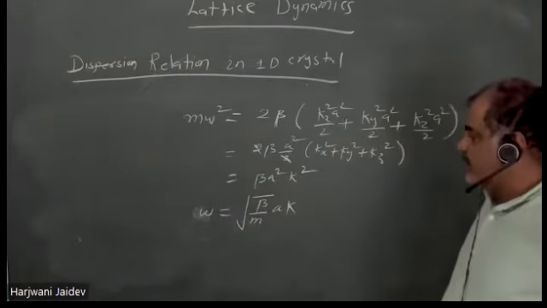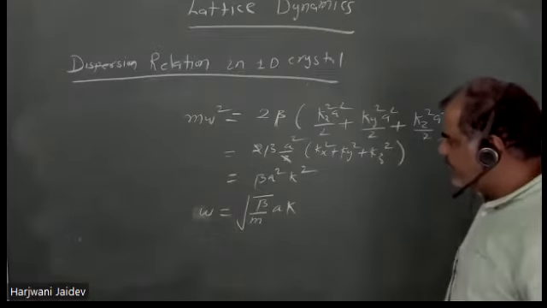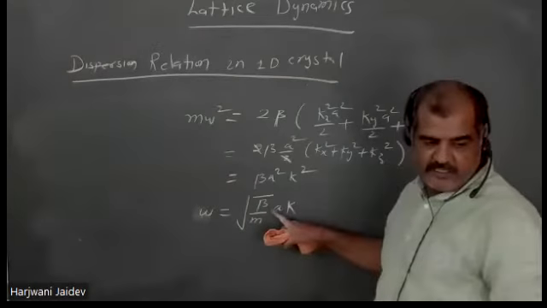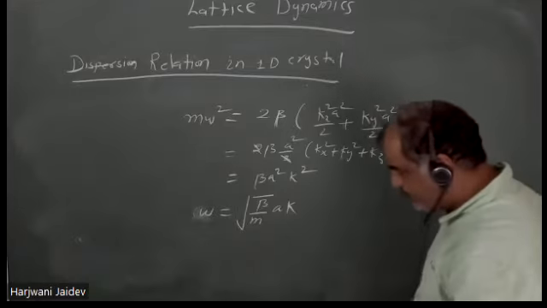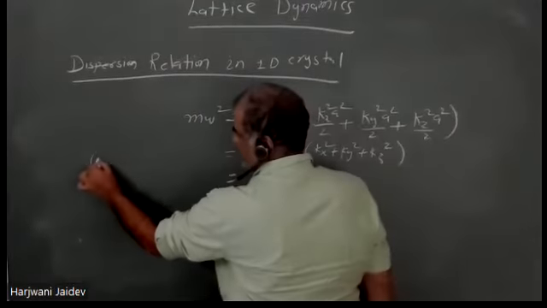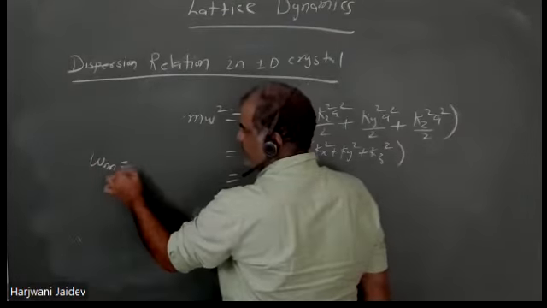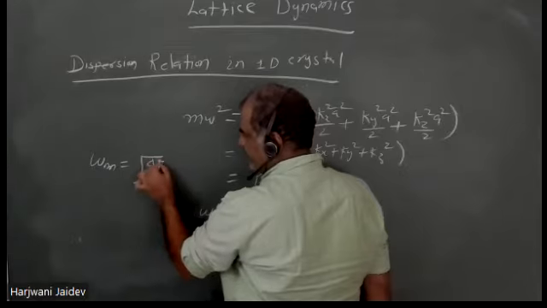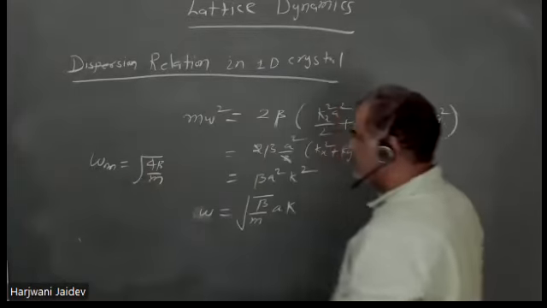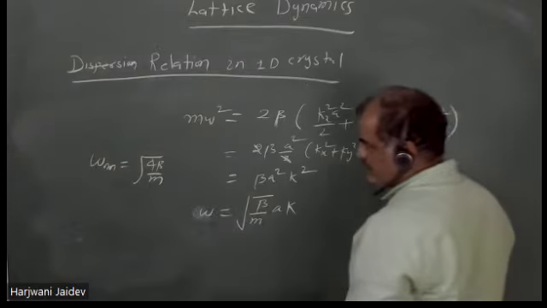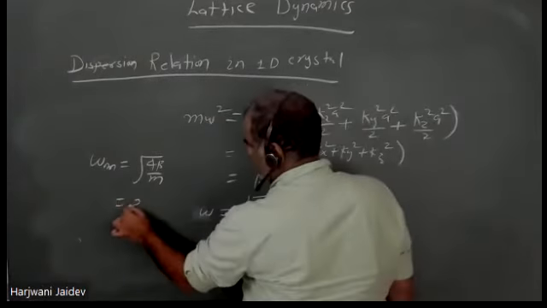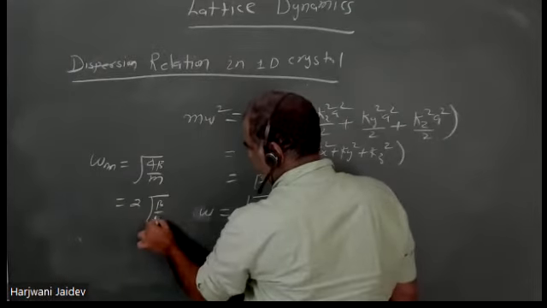Now just transform, bring it back in the form of the maximum frequency, the cutoff frequency. What is the relation for the cutoff frequency? Our cutoff frequency vm is under root 4 beta upon m, correct? So this will be 2 under root beta upon m.